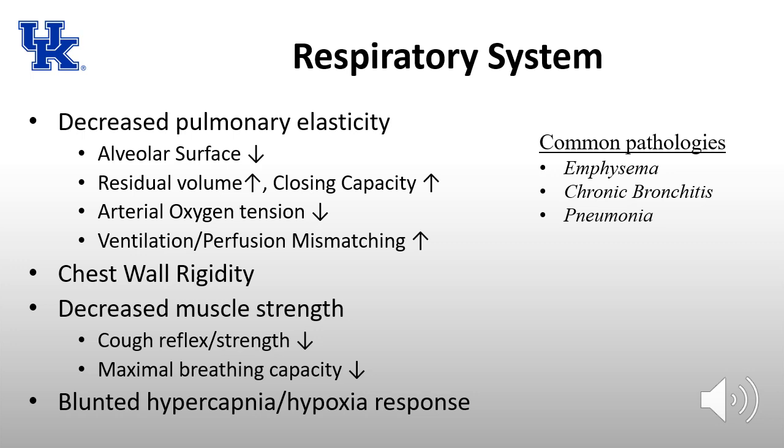So therefore your cough reflex and cough strength decrease, and your ability to compensate for other physiological stresses by maximum breathing capacity also is diminished. As we already discussed previously, reflexes are all decreased, so therefore a blunted response to hypercapnia and hypoxia needs to be noted. So what does it mean for us?